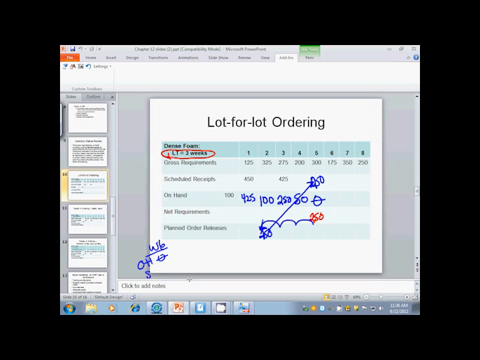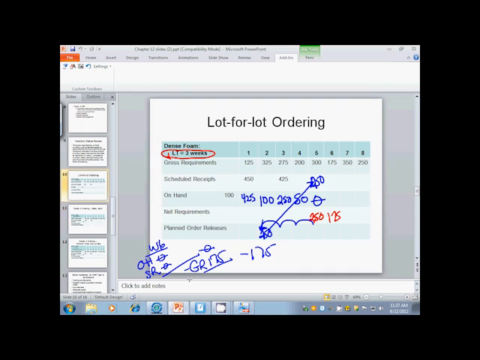I have scheduled receipts for week 6 of 0, so I have 0 units that I'm able to use. But my gross requirements say I'm going to need 175 units. Again, that gives me a negative number. It signifies that I have a need. I have a need of 175 units in week 6. Tells me I need to place an order.